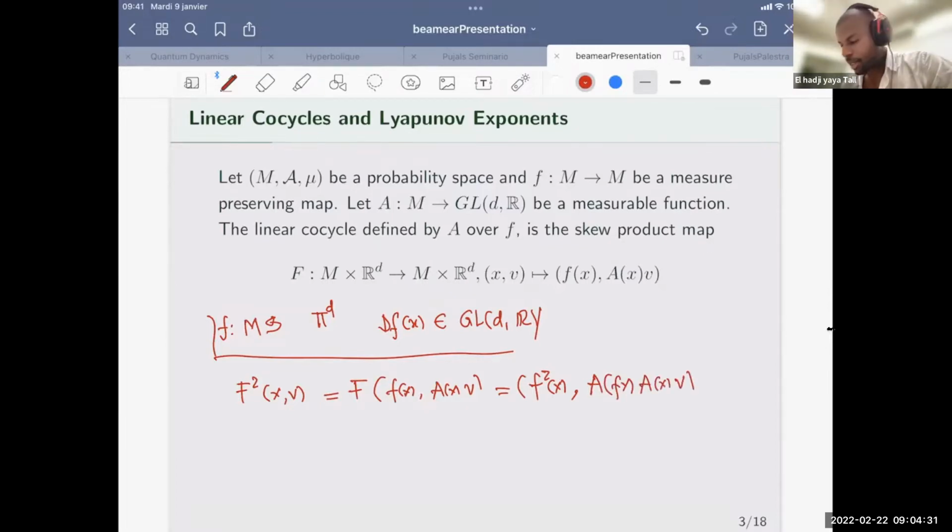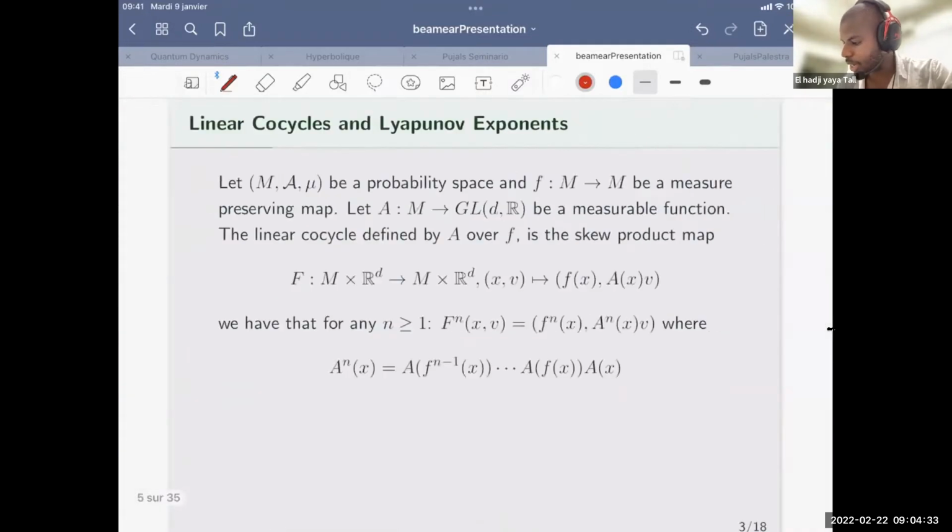You can iterate this for any n, and you get the formula F^n(x, v) = (f^n(x), A^n(x) v). Here A^n(x) is, by definition, the product of these matrices along the trajectory of the point x.